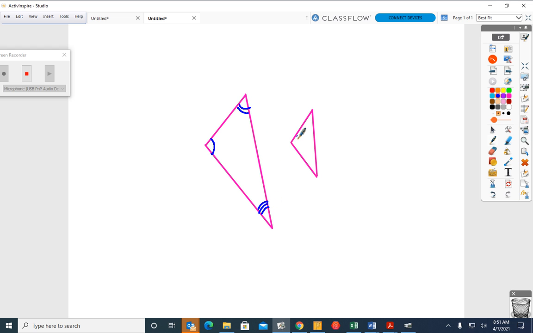This one I've got angle 1, angle 2, angle 3. And I'm not even going to put sides here. Let's say this is 6, 12, 15. And let's say this is 4, 8, x.